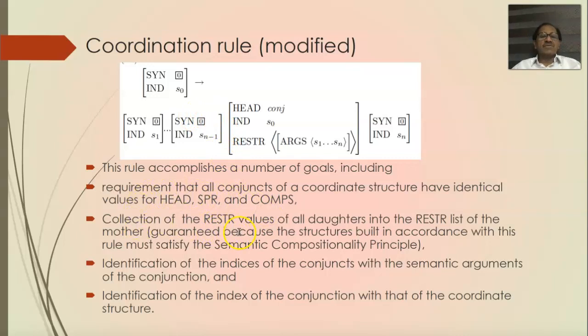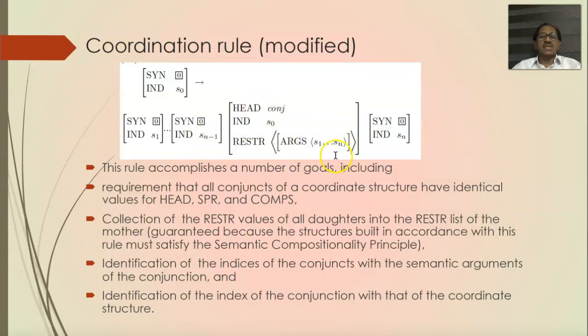Then the collection of the restriction values of all daughters into the restriction list of the mother. The restriction values of all the conjuncts are put together as a list for the mother, because the structures built in accordance with this rule must satisfy the semantic compositionality principle. Then it also achieves the identification of the indices of the conjuncts with the semantic arguments of the conjunction. The indices of the conjuncts S1, S2, S3, S4, Sn-1 and Sn are all identified as arguments of the conjunction.